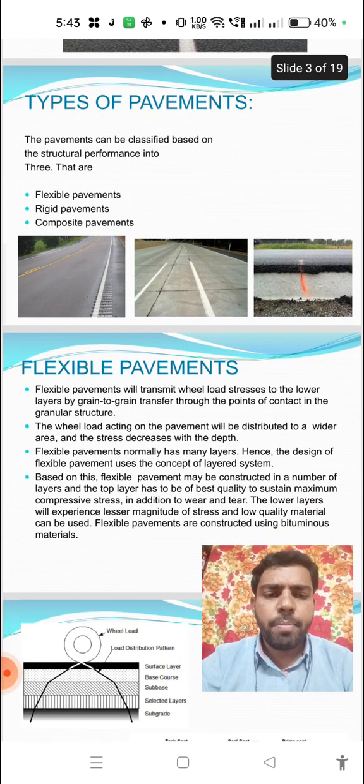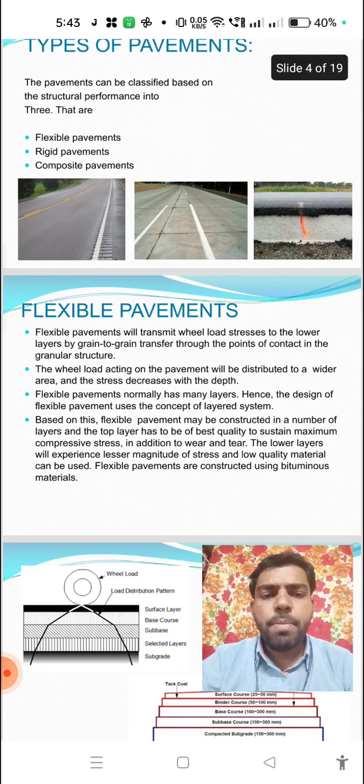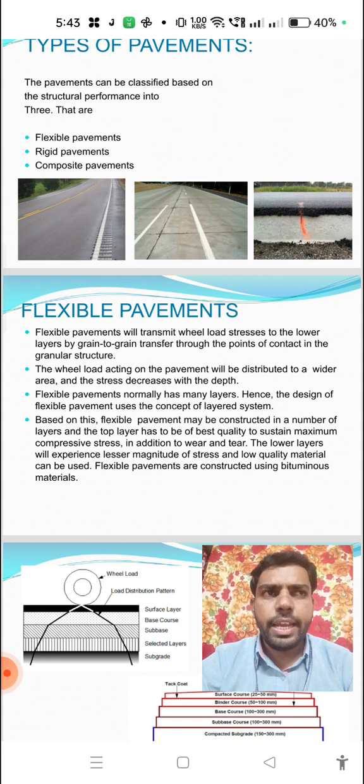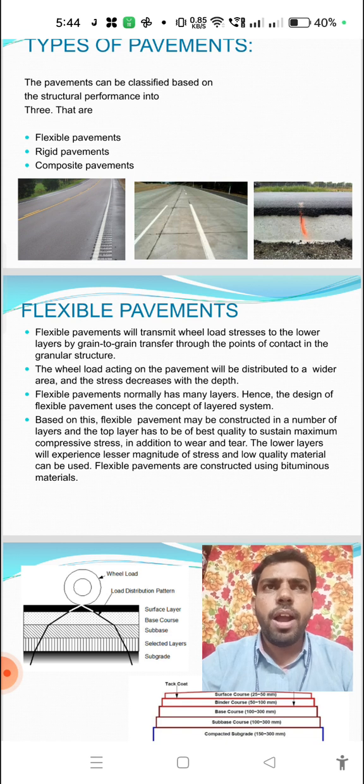First of all, we come to flexible pavement. What is meant by flexible pavement? A flexible pavement is a combination of 4 to 5 layers, where the surface course material is different from the other pavement materials.